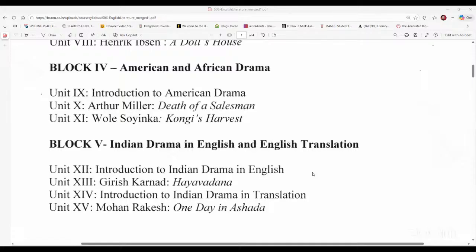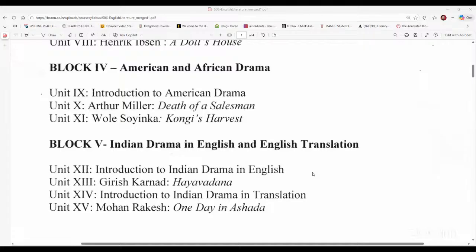The last block, that is Indian drama in English and English translation, which means the drama written by Indians in the English language, or it is available in English translation, might have been written in any of the original languages of India. So in this block, there are 4 units.